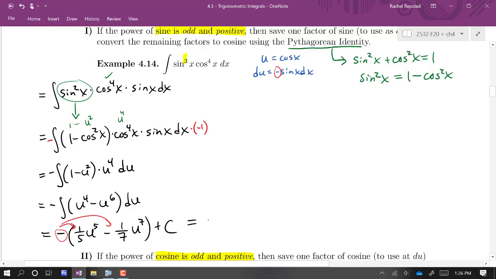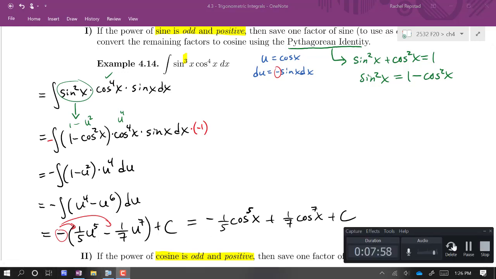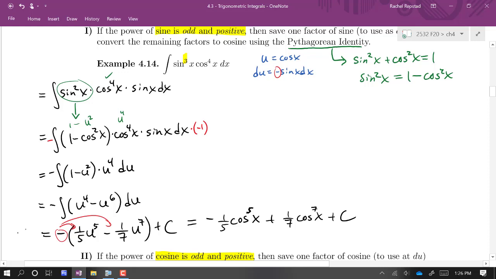So we get negative 1/5 cosine to the fifth of x plus 1/7 cosine to the seventh of x plus a constant. All right, so that finishes up that one.